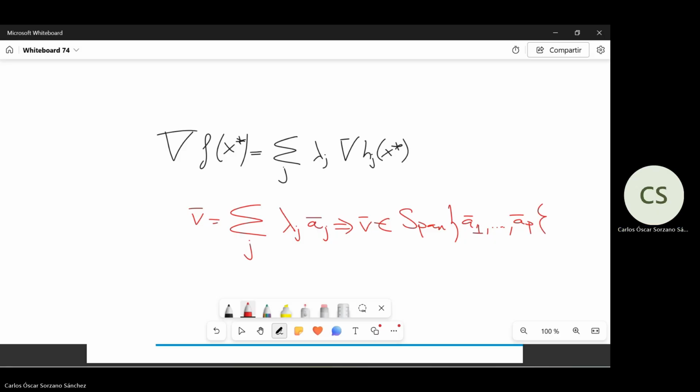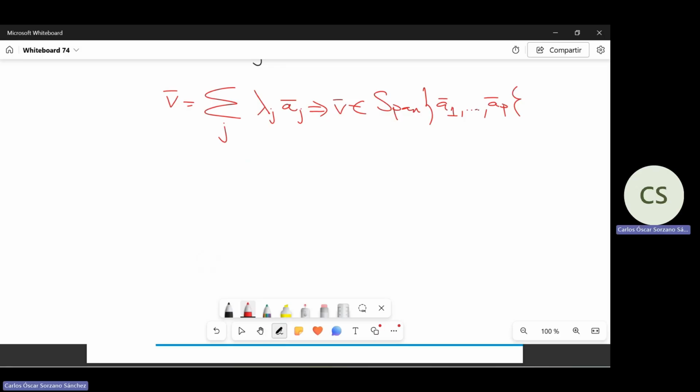Yes, el espacio generado. So this is: b pertenece al espacio generado por A1 hasta An, son los vectores. I'll give you a basis. So I give you, for instance, these vectors A1, A2. I ask you, what is the space spanned by these two vectors?